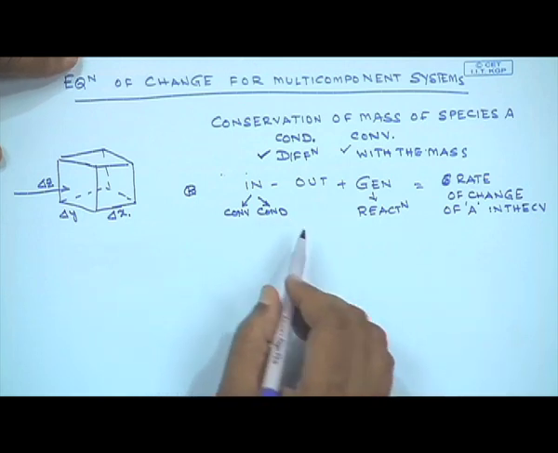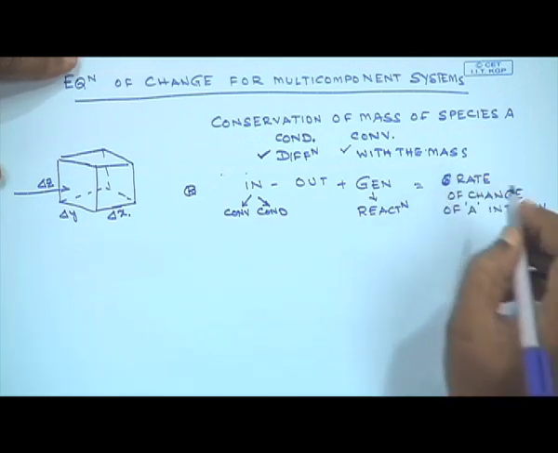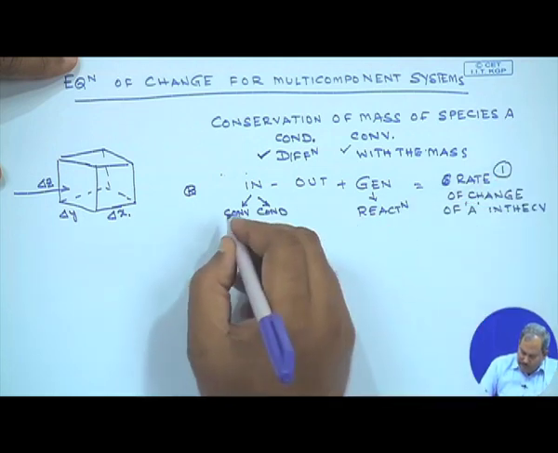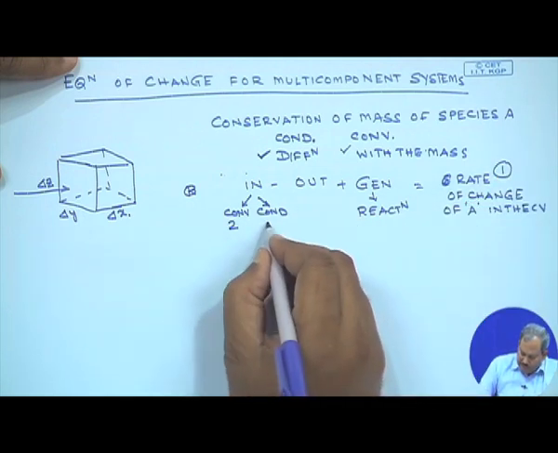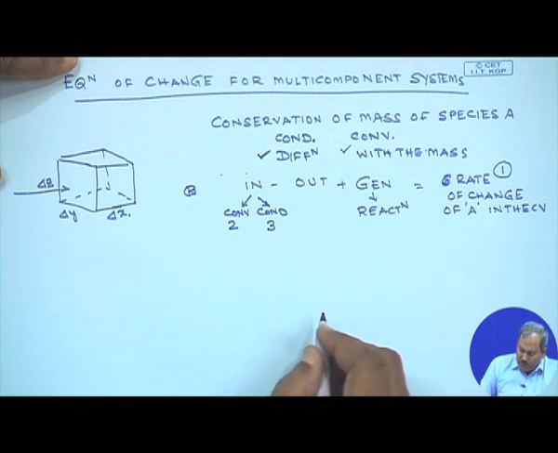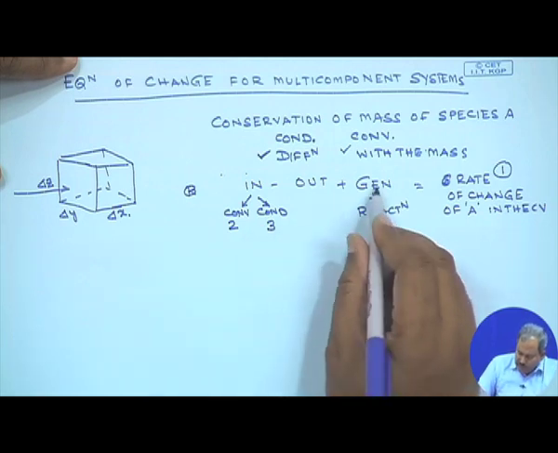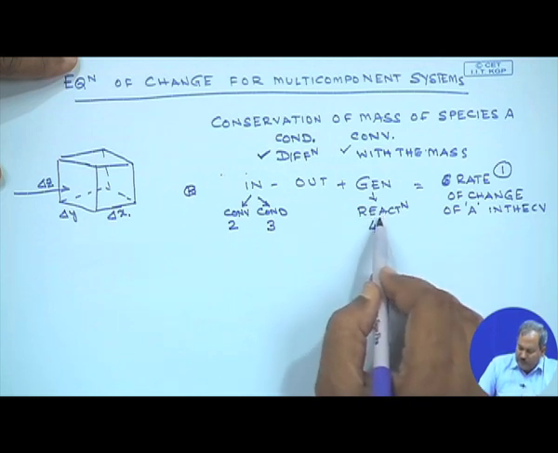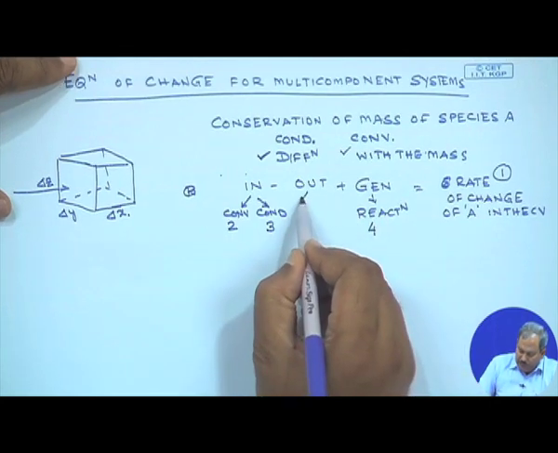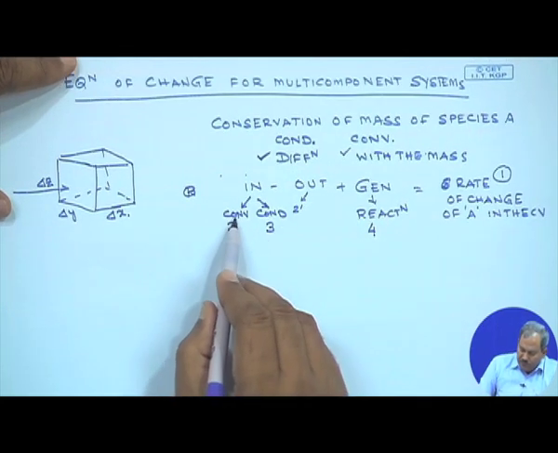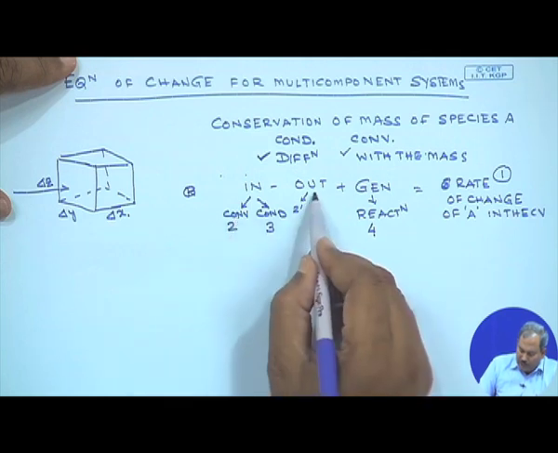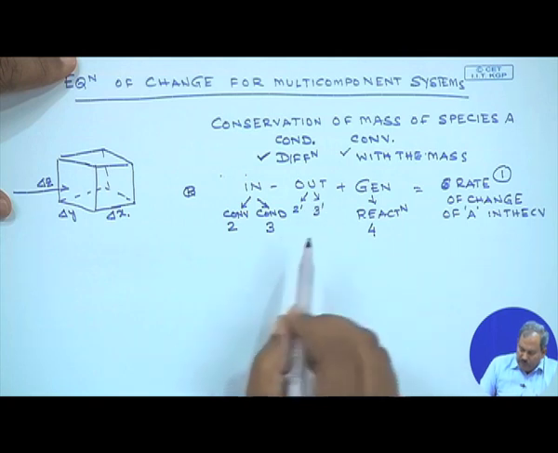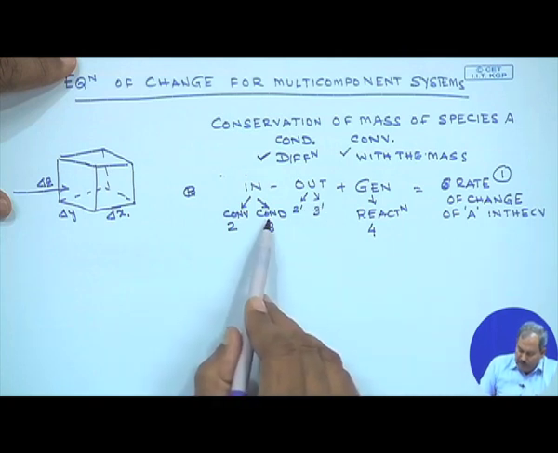So we are going to do this. First, let us call it 1, this is 2 which is in by convection, this is 3 which is in by conduction, and this is 4 which is the rate at which A gets converted into other products. And for this I have a 2 prime which would be the rate of convective transport of A out of the control volume, and there will be a 3 prime which is going to be the rate of conduction of A out of the control volume.